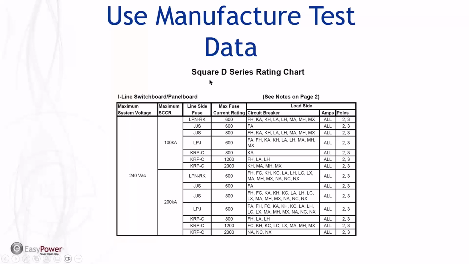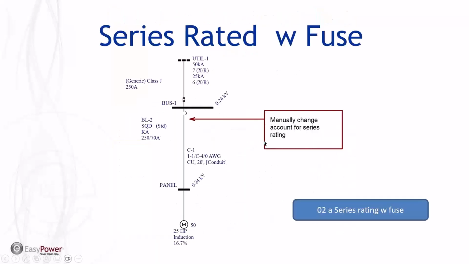So this is information that the manufacturer has tested, and we're relying on his test results to be able to do this series rating application. And so if we look at a system that has a maximum of 100,000 rated protection, if we have a line side LPJ fuse, no more than 600 amp rated, it will protect one of these devices. So let's see how this looks.